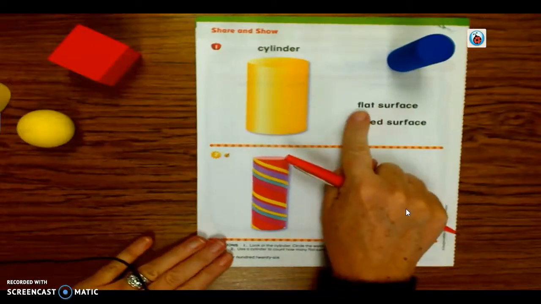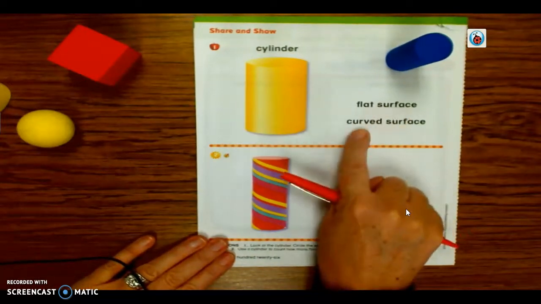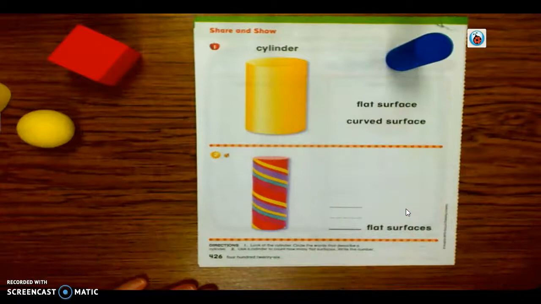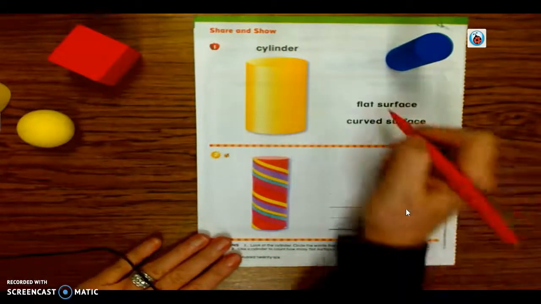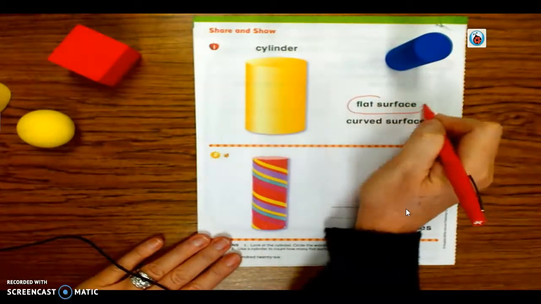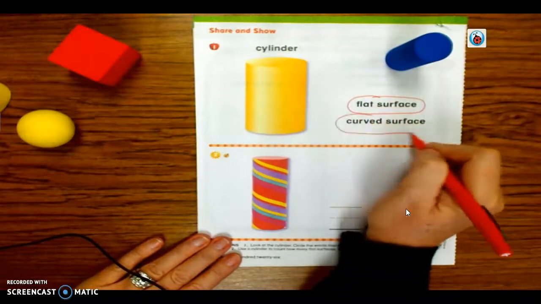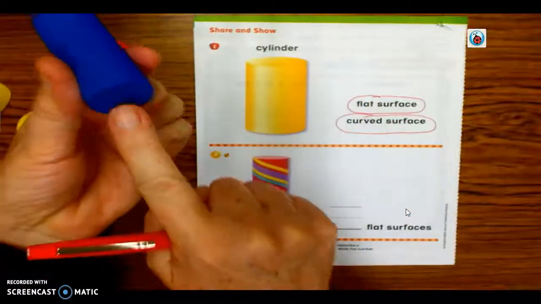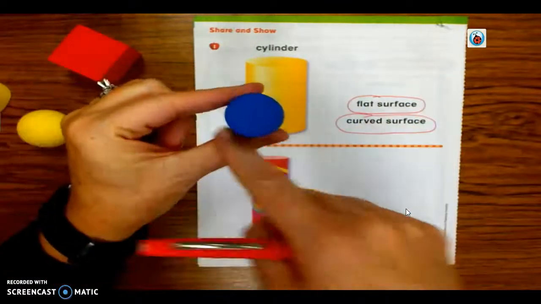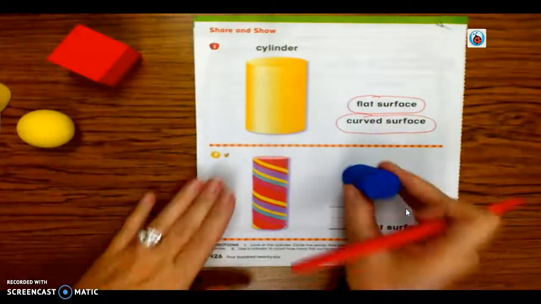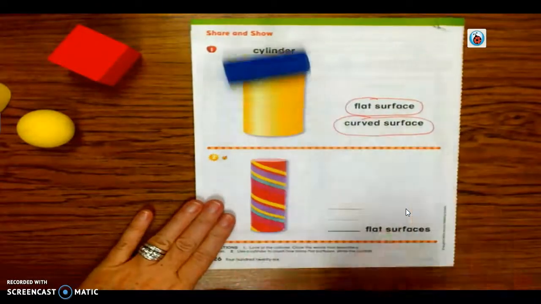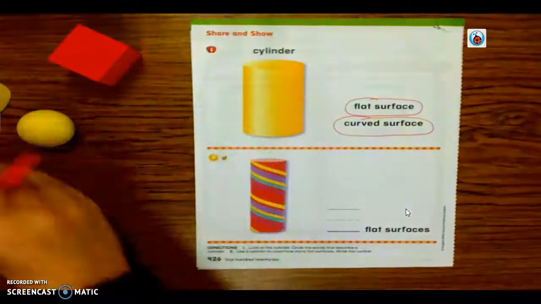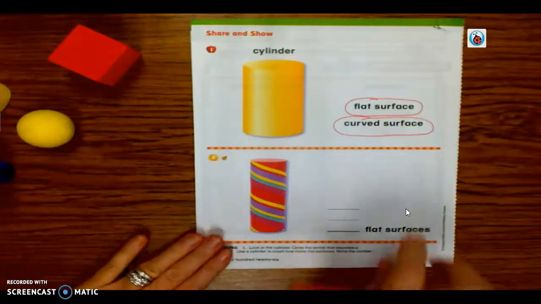We've got the phrase flat surface or curved surface. Boys and girls, we need to circle both of them today, because a cylinder has two flat surfaces and then the rest is curved. So it can stack, but it can also roll.